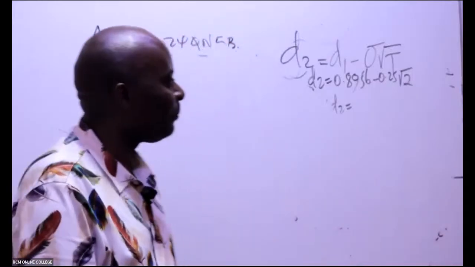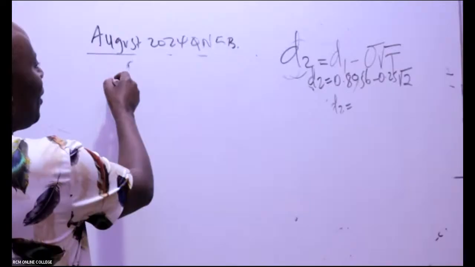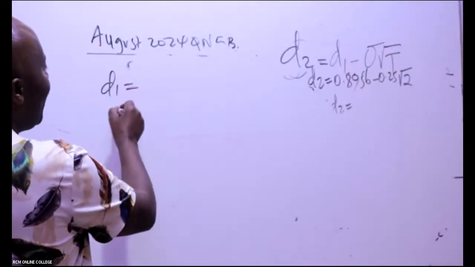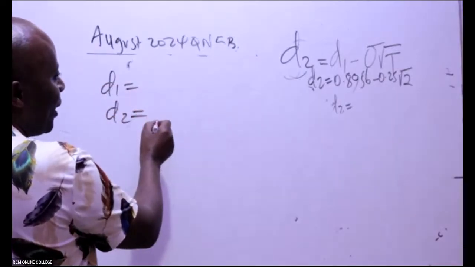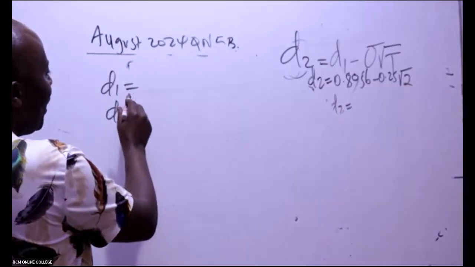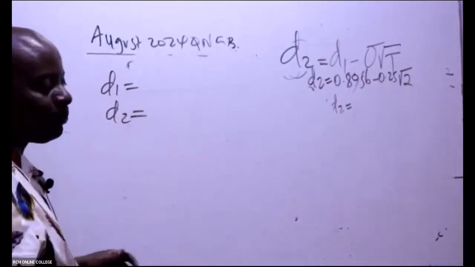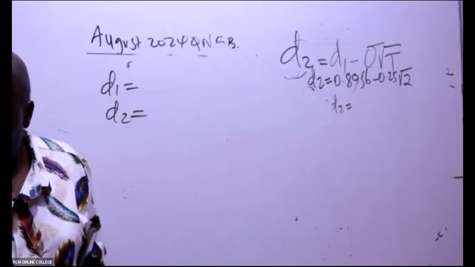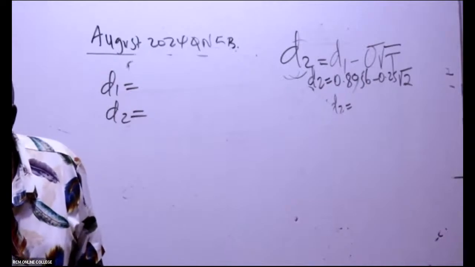So we have our D1 figure and we have our D2 figure. Please remind Mwalimu, what is our D1 figure? Next is normalization.